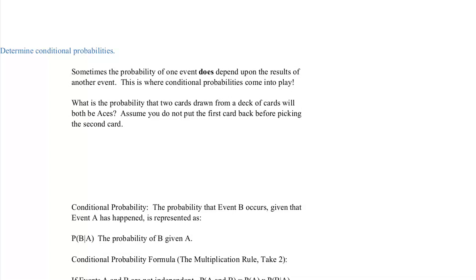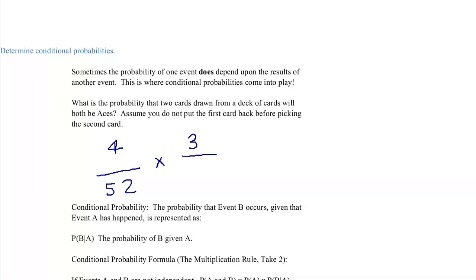So the probability that your first card is an ace. Well, there are 4 aces out of 52 cards. That's the probability that our first card is going to be an ace. Now, we can multiply that by the probability our second card is an ace. But it's not going to be just 4 out of 52, because once you pull that first ace, you only have 3 aces left.